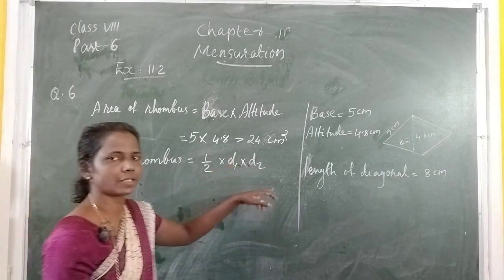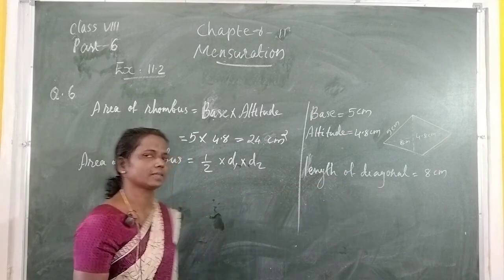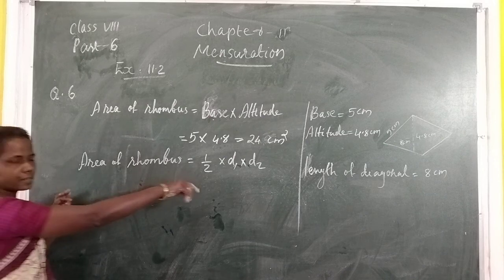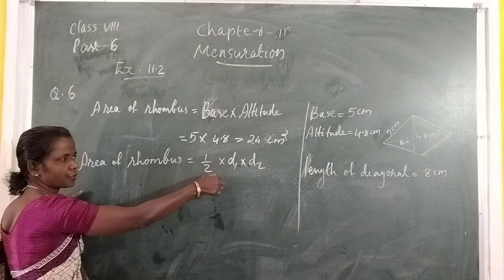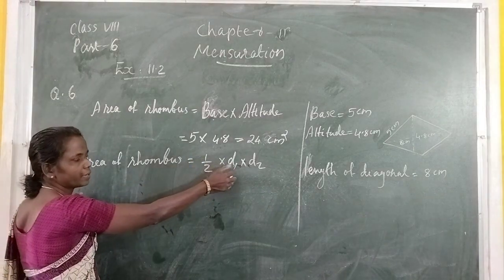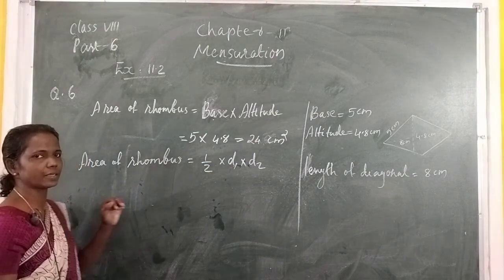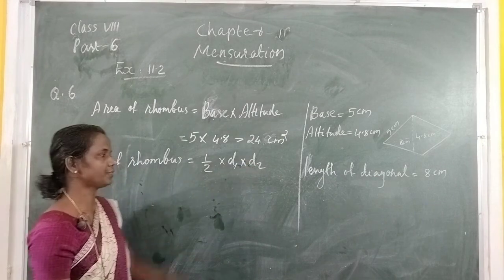So we have to find out the length of the other diagonal. Since the diagonal is given, we use this formula, half into d1 into d2. Here one diagonal is given, so find out the other diagonal. How to find out?